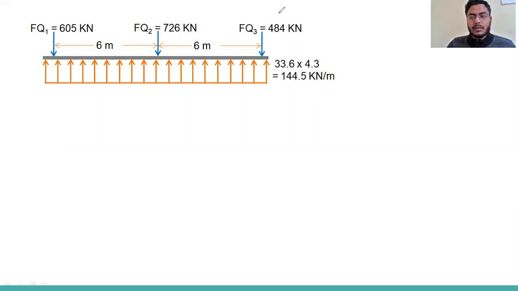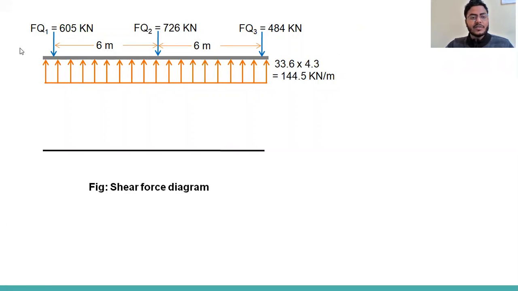Now we can go for drawing the shear force diagram. For the shear force diagram, we can take the sign convention. Either we can go from the left side or right side. Suppose this is the sign convention: if you are working from the left side, downward force will be positive and upward force will be negative.